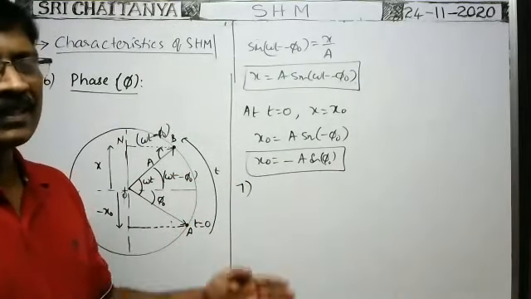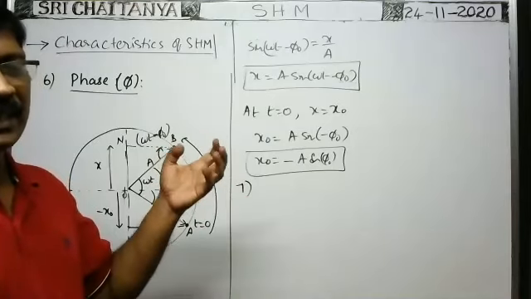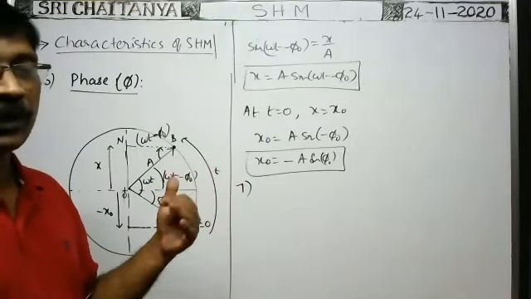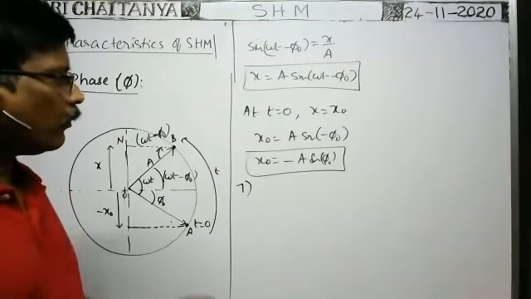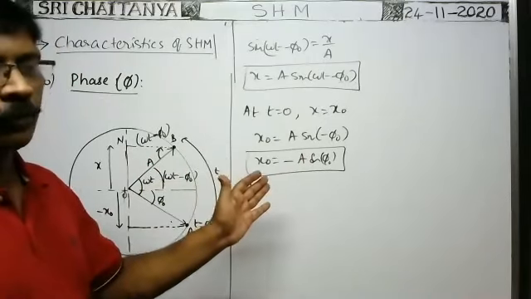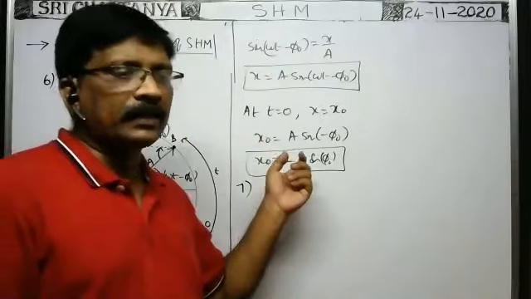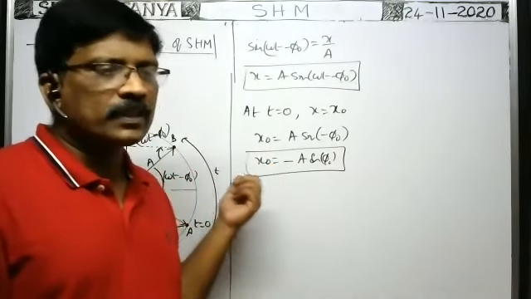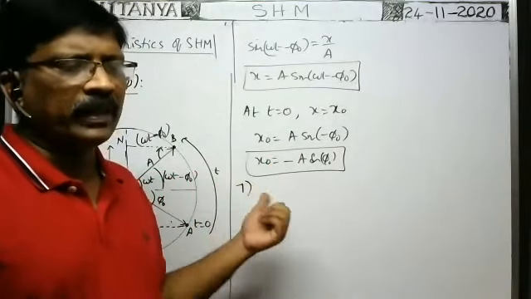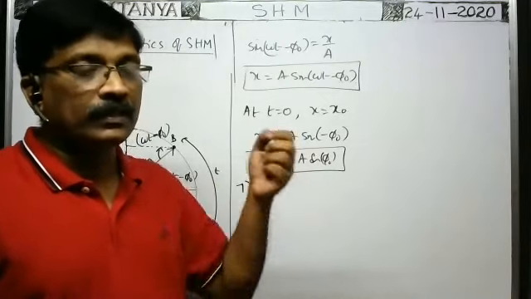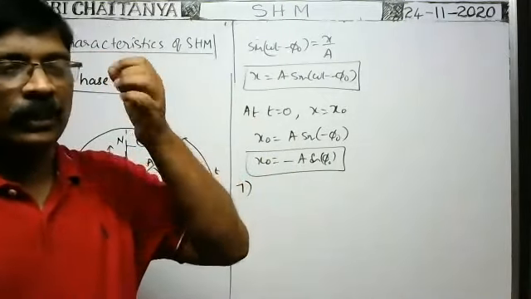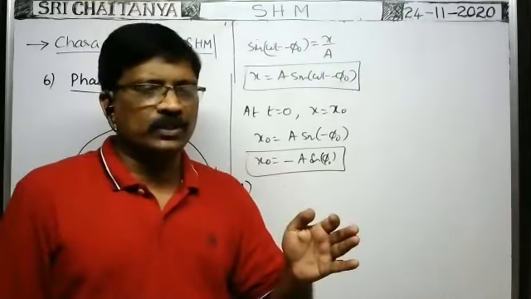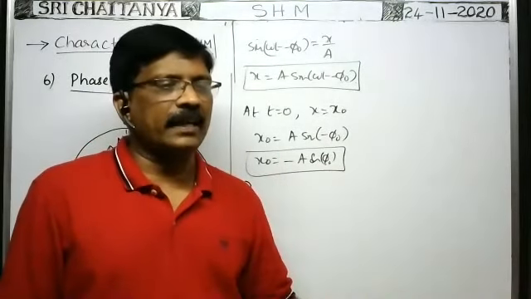That's why at any instant of time t, we have to find the kinetic energy of the particle, and the potential energy also. Because whenever the particle moves to and fro along the straight line, at each and every point the particle experiences a restoring force towards the mean position. Because of that restoring force, the particle acquires some potential energy. That's why a particle in simple harmonic motion has potential energy as well as kinetic energy.